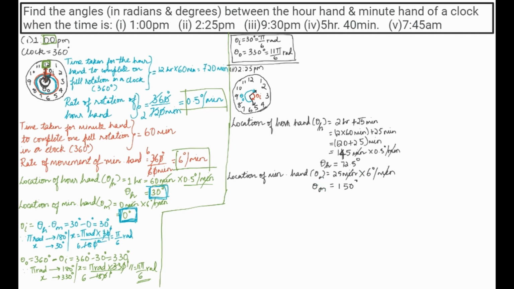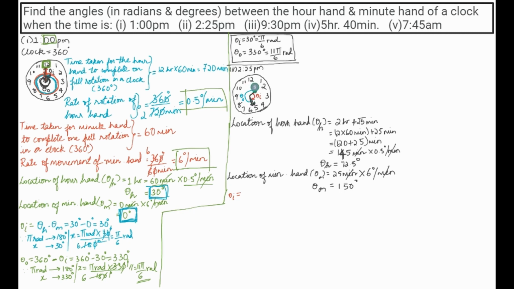So next let us find out our inner angle, theta I. Here we can see in the clock that the minute hand has moved farther than the hour hand.